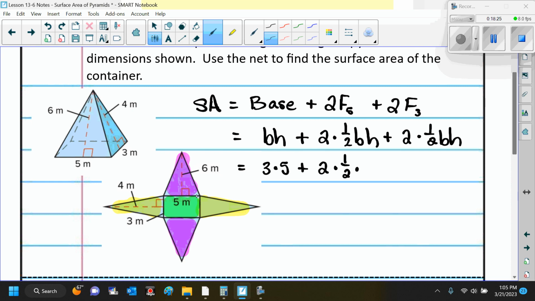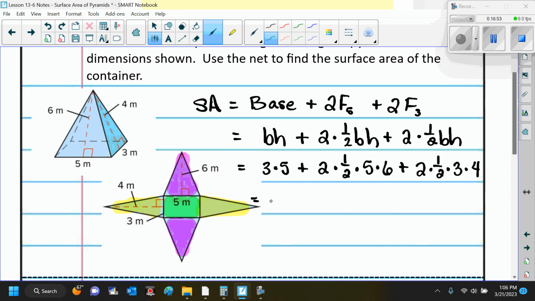So that's 5 times the height, which is 6. And now we're looking at the yellow triangle. So that's going to be 2 times 1/2 times the base of 3 times the height. The slant height here for that triangle, or the height of that triangle, is 4. Okay? And now we can simplify.